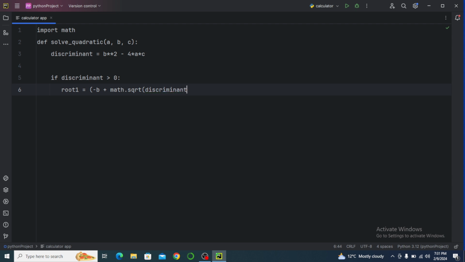I'm going to close the bracket. We're going to divide this by 2 multiplied by a. That's for our first root.